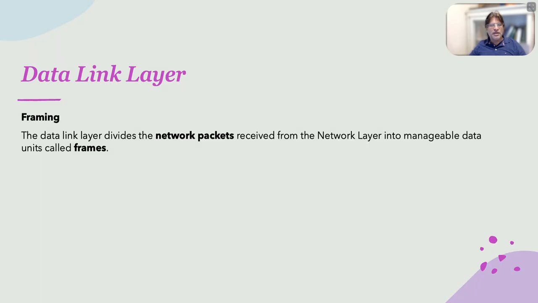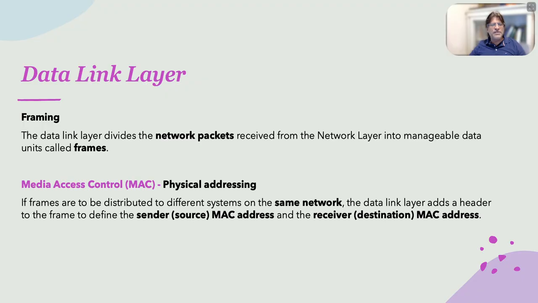So let's try and understand a little bit of this process. The framing process: the data link layer divides the network packets received from the network layer into manageable data units called frames. The media access control is responsible for physical addressing, which is basically the MAC address. It's also referred to as a physical address.